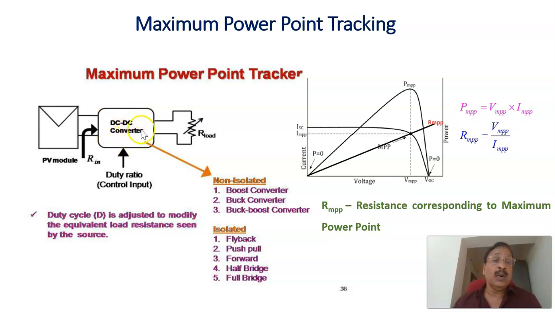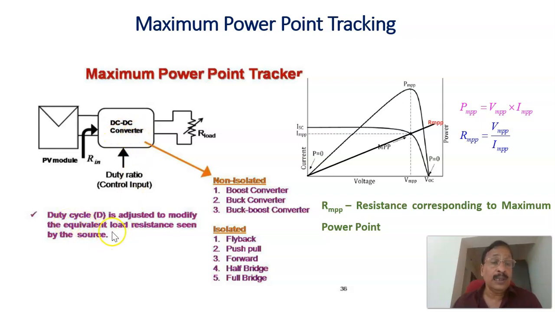Therefore, basically you are controlling the duty ratio of the DC to DC converter so as to make the load resistance reflected at the input point the same as the RMPP resistance, corresponding to this line. That is done by controlling the duty ratio of the DC to DC converter.